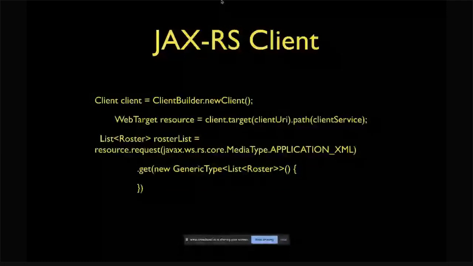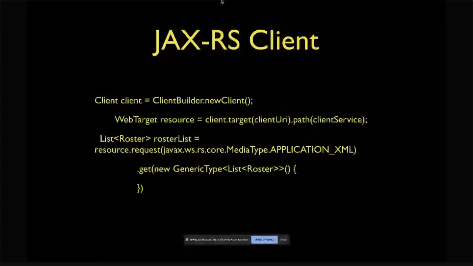So on the front end, when we're using the JSF, we're going to have to utilize a JAX-RS client. And this code here kind of shows you just how to set something like this up using straight code. There are APIs now which will allow you to get rid of some of the ceremony, so you do not have to write all this code out to create a JAX-RS client.